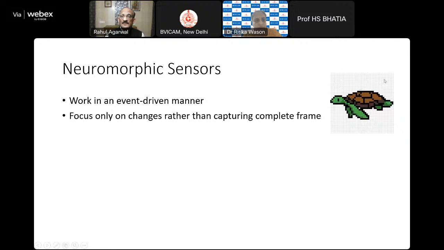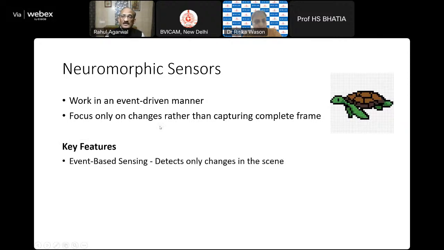Otherwise, in normal images, the complete grid would be transmitted at a specified frequency. So that's a big difference. It's basically event-based sensing, which detects only the changes in the scene.